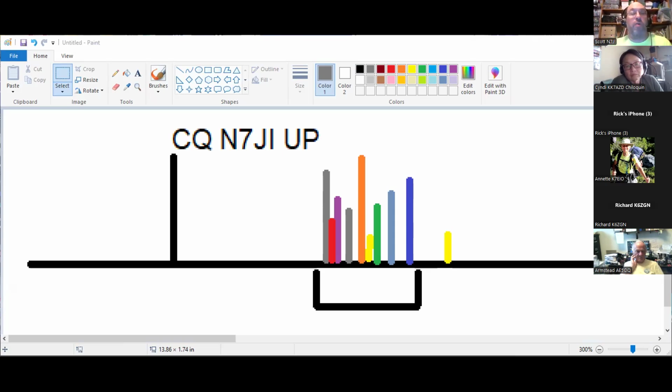When you will use that is if you are one of the hunters, because what do you know about that black line? It never moves. It doesn't move. So the only thing you're going to be changing is your receive frequency. You always want to be listening for the guy on the black line. Got it. I got it. You just explained it all. I figured it out. Sounds good.